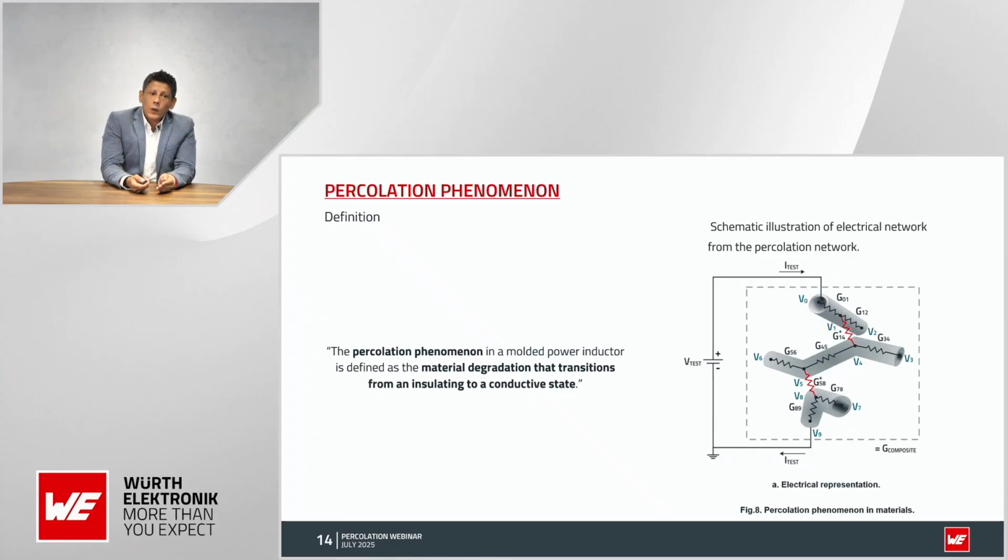And it's related with material degradation. And that allows us to say that the material was in an insulated state, and now we are moving to a conductive state. That is the electrical representation.